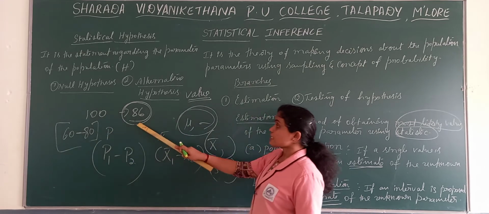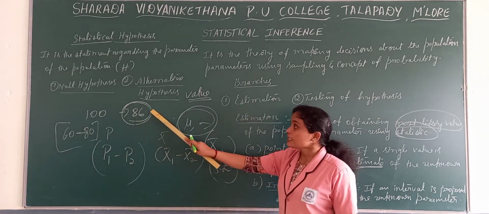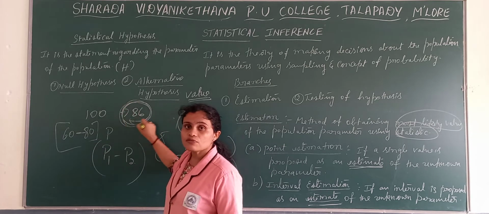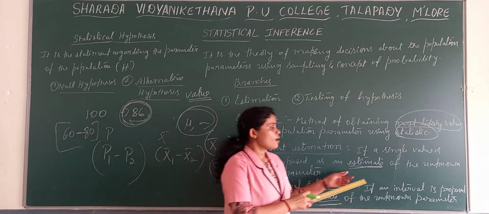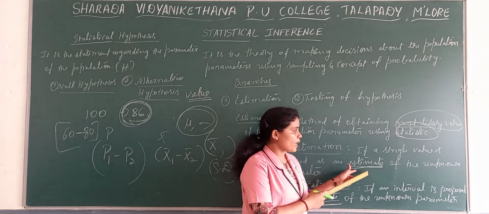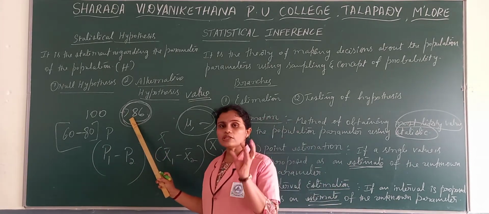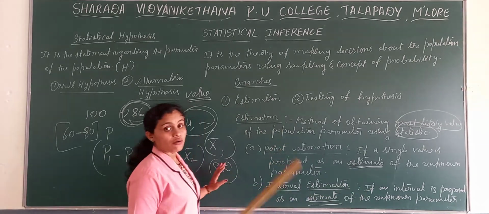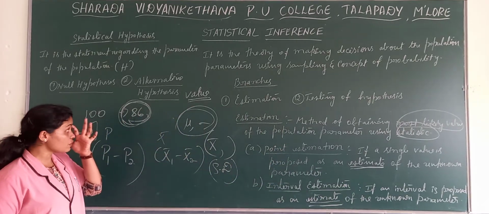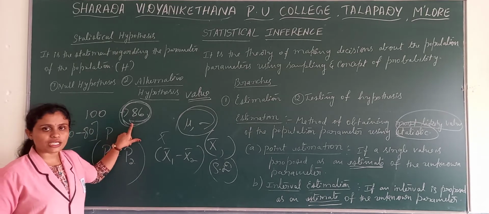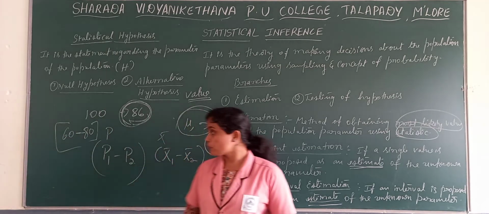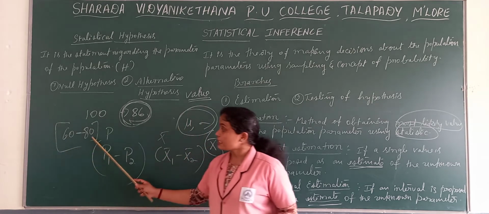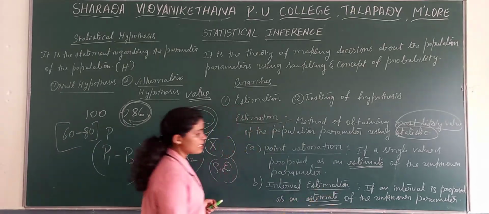In the first example, we have taken a single value in order to get the value of the unknown parameter. Where a single value is proposed as the value of the unknown parameter, we call it point estimation. If we put forward an interval, then we call it interval estimation.